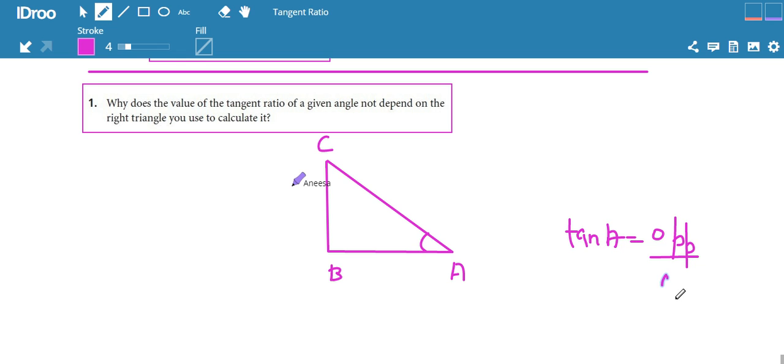And he says the given angle does not depend on the right triangle you use to calculate it. So this actually means that you are not using the hypotenuse here. To find the tangent ratio, we use the opposite and adjacent. So that's why it doesn't depend on the right triangle you use to calculate it.